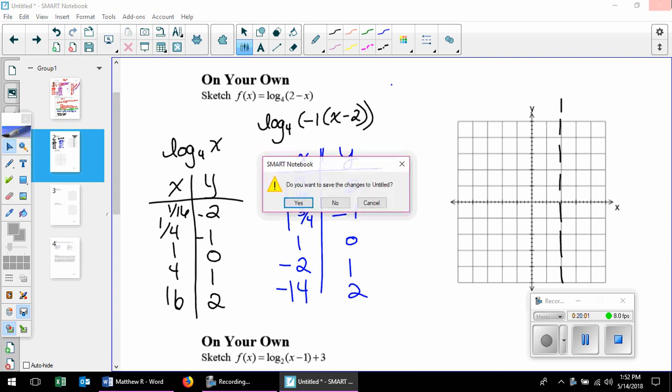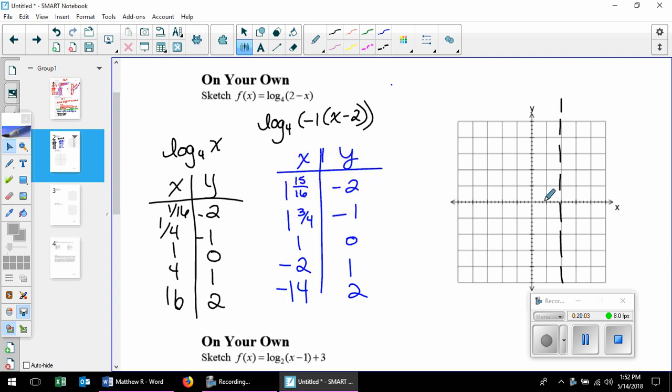I totally did. -2, I am at 1. And then I don't know what's next on there. I can do 1 3/4 and at -1. And this one, really, really close to the line.